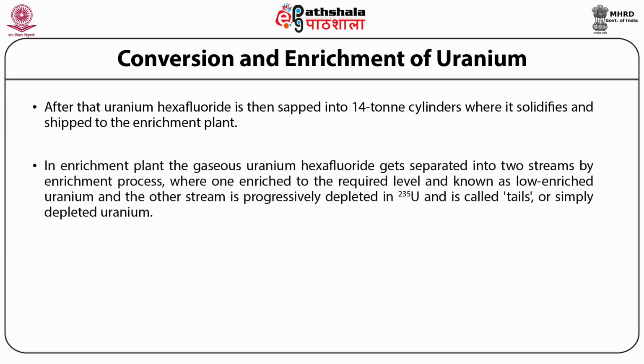In the enrichment plant, the gaseous uranium hexafluoride gets separated into two streams by the enrichment process, where one is enriched to the required level and is known as low enriched uranium, and the other stream is progressively depleted in 235U and is called tails or simply depleted uranium.